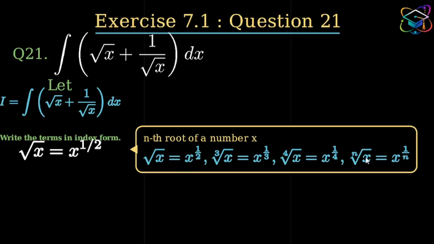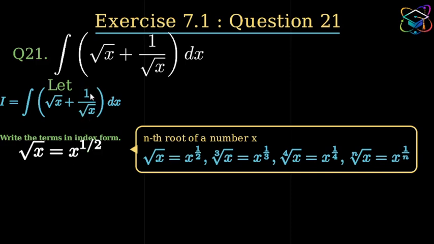Similarly, if I put n is equal to 3, cube root of x is equal to x raised to 1 upon 3. If n is equal to 4, then fourth root of x is equal to x raised to 1 upon 4. So in this case we have square root of x, which can be replaced as x raised to half.